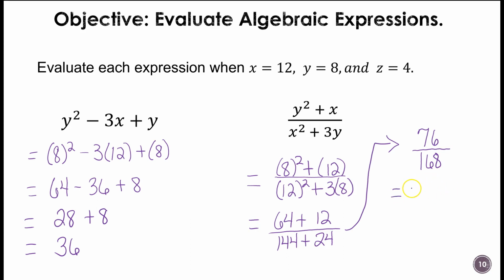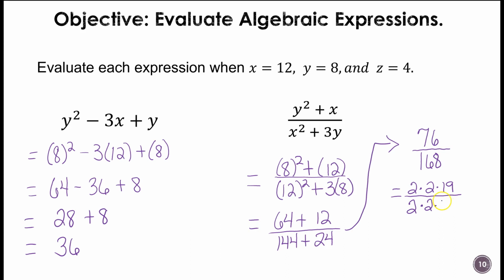So 76 is 2 times 38. 38 is 2 times 19. So I'm just going to do this because I don't really know what the common factor is. It looks like it's probably going to be a 4. 168 would be 2 times 84, you guys can use your calculators here. And 84 is 2 times 42. Whoops, I'm not going to write the 42 yet.